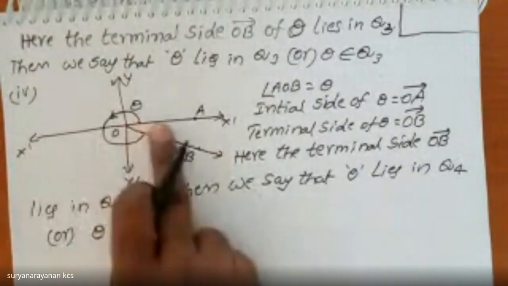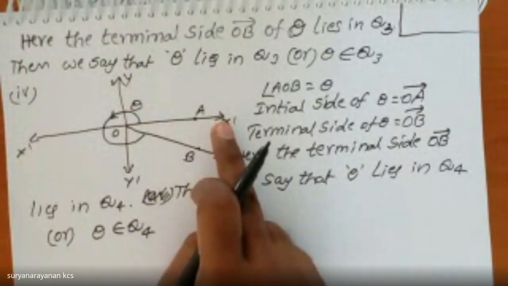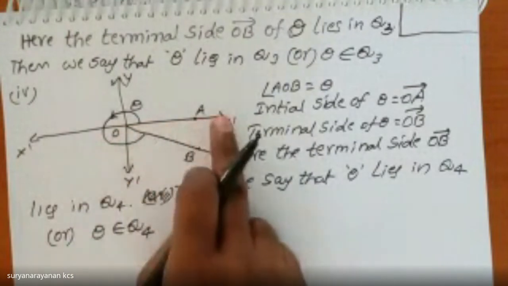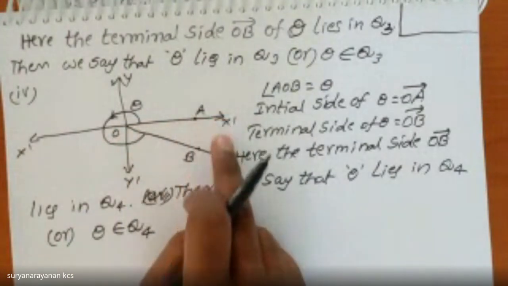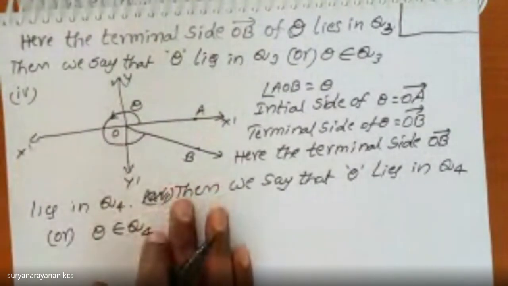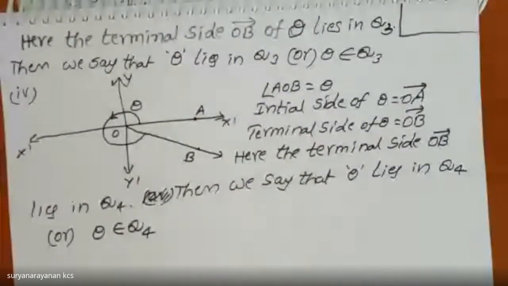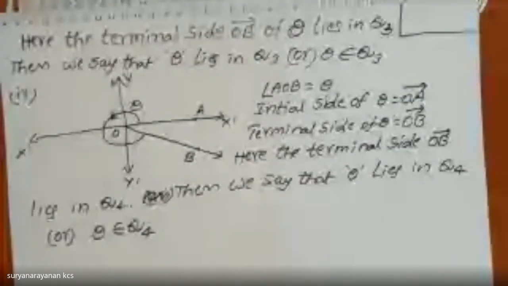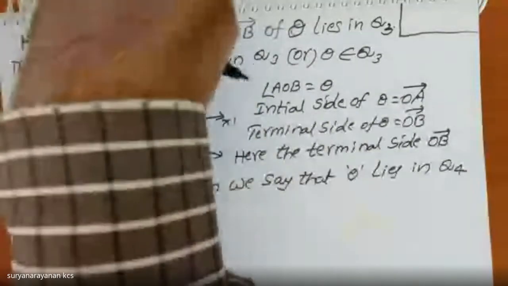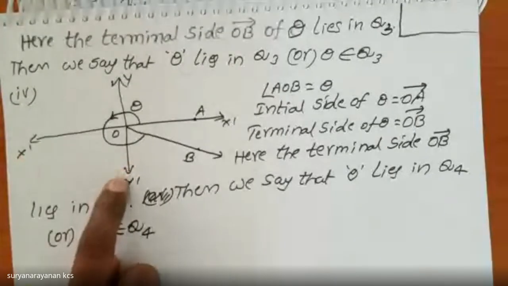The initial side of theta always coincides with the positive x-axis. Please remember this point, my children. Are all these points clear? If a sentence is given, theta lies in the first quadrant, second quadrant, third quadrant, or fourth quadrant, you have to draw the rough diagrams.